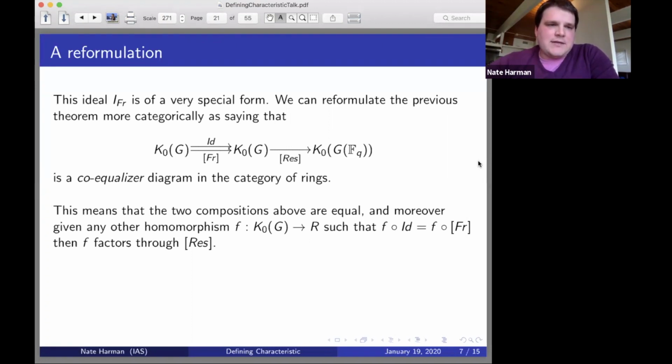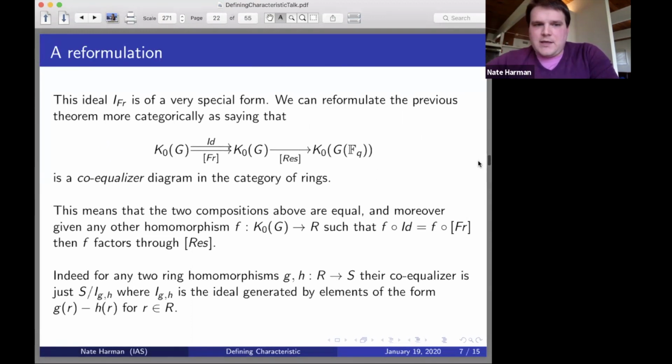Okay, and this whole reframing at the level of rings, there's really no content in this reframing. For rings, co-equalizers are a very straightforward thing. If you have two homomorphisms from one ring to another, you just take the ideal generated by stuff of the form G of R minus H of R, and quotient by that, and that's the co-equalizer for rings.